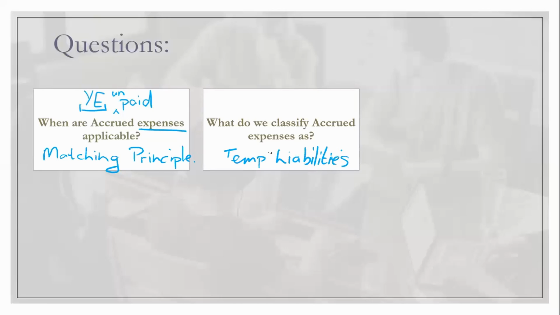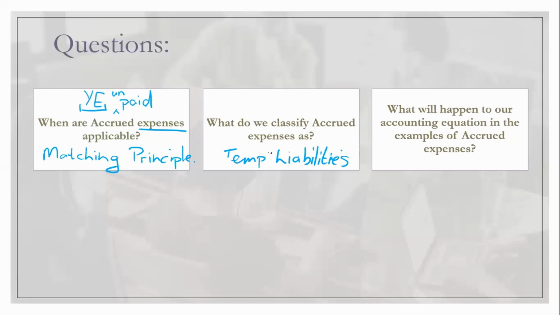In our examples, what will happen to our accounting equation for accrued expenses? So you would increase your liabilities and decrease your equity.